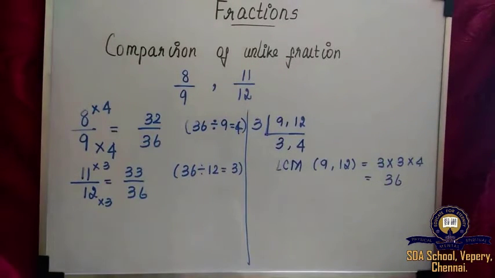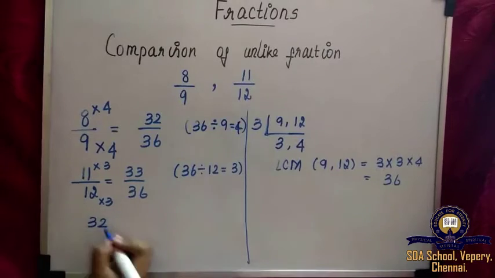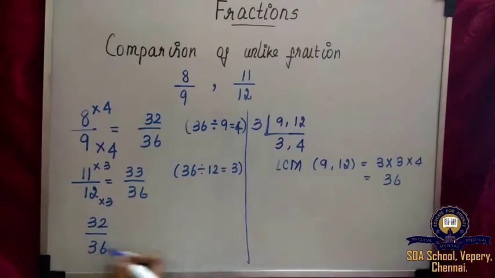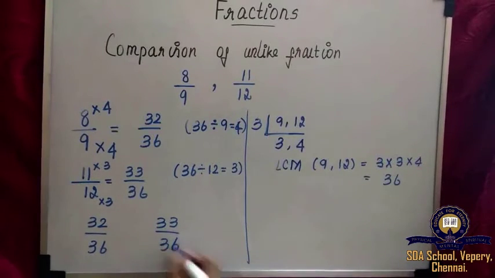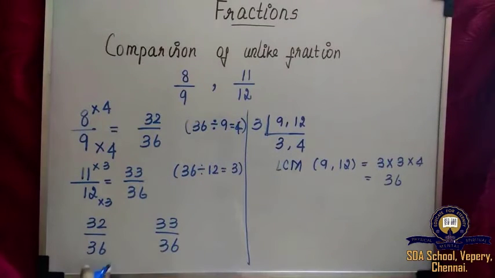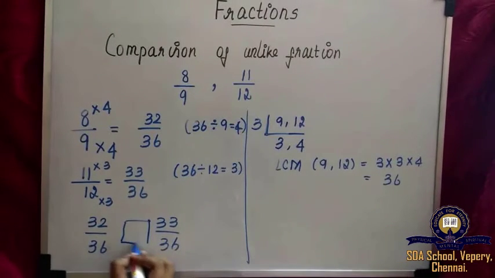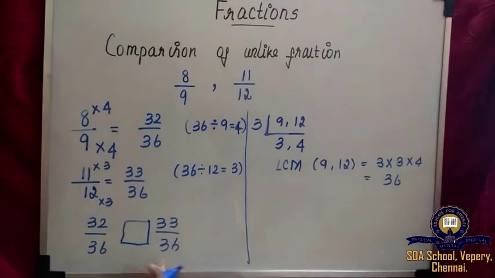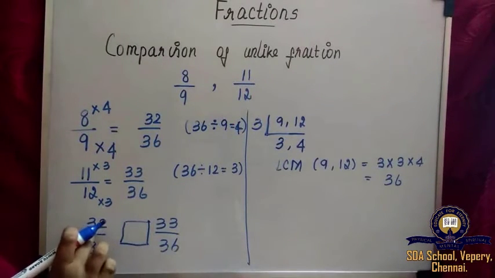So now we have converted the unlike fractions into like fractions. So it is 32 by 36 and 33 by 36. So look here, which one is greater? Both have the same denominator. So we have to look at the numerator. 33, 32.